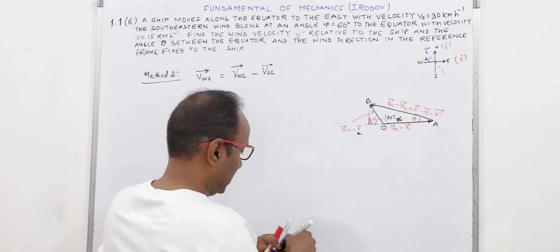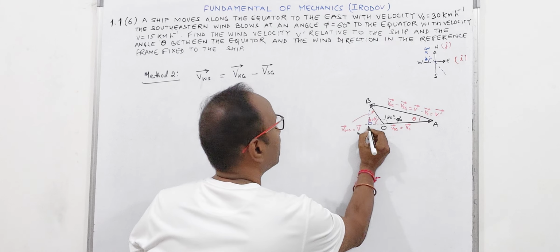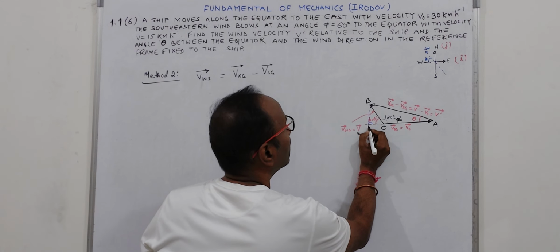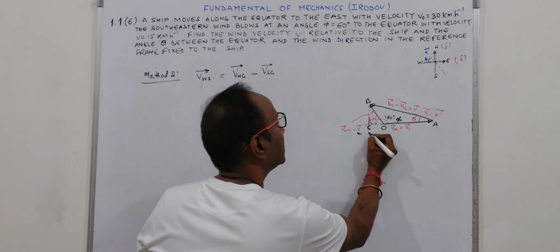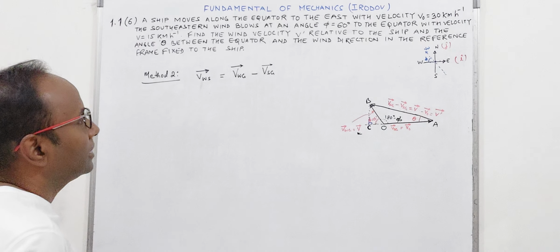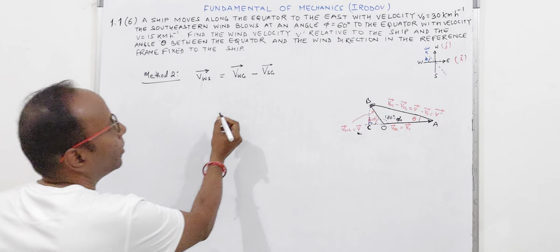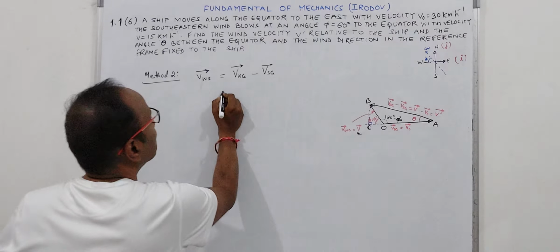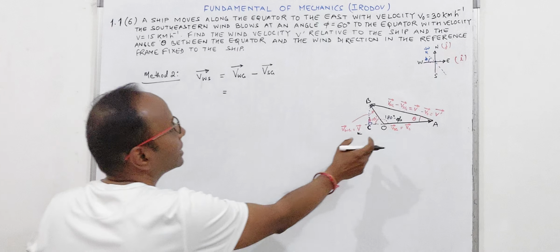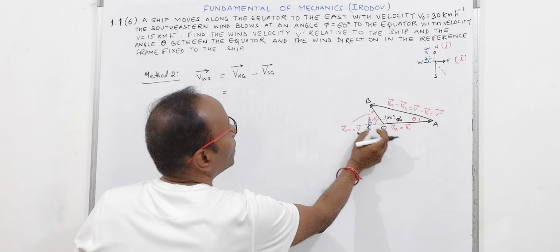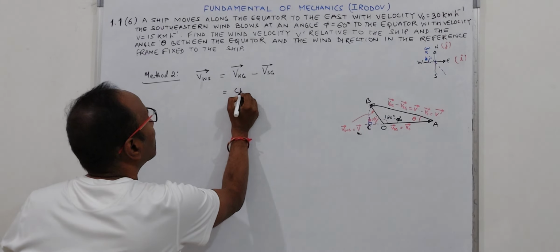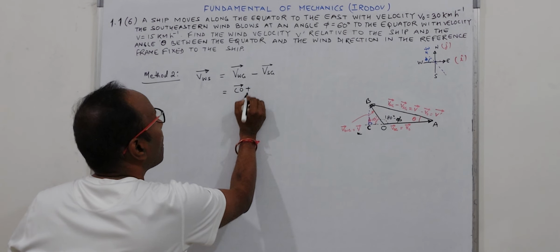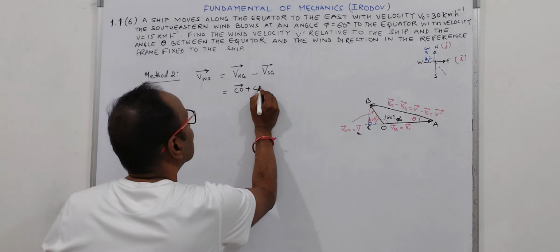If we take the point C, OB is your VWG. So VWG is nothing but CO plus CB.